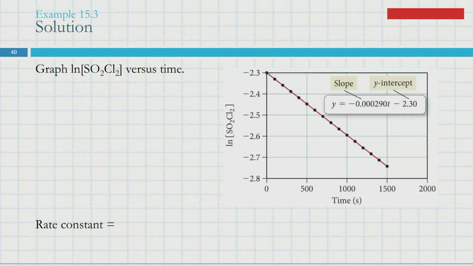So what is our rate constant here? Do you know how to find it, or is it just the slope? It's related to the slope. Yeah, so it's just the negative of the slope.